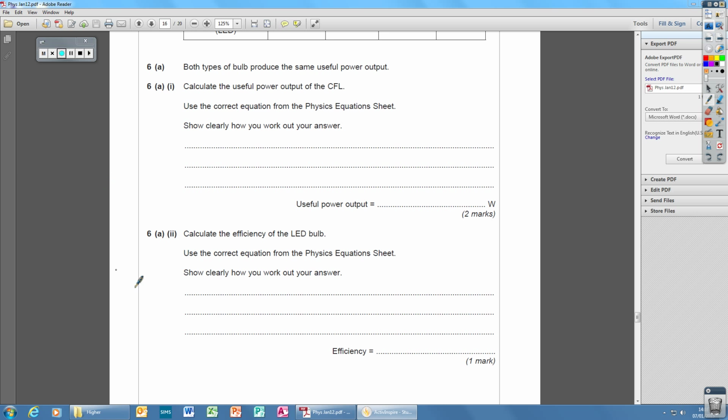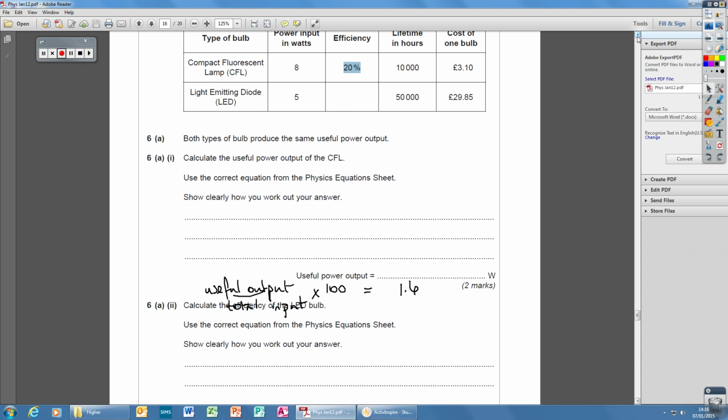And so you can look it up, but it's going to be the efficiency is the useful output over the total input, and if we multiply it by 100, that will give us what we need. Now the useful output is going to be the same as the CFL, what we've just calculated, so 1.6 watts. So I'll just get the information from the table.